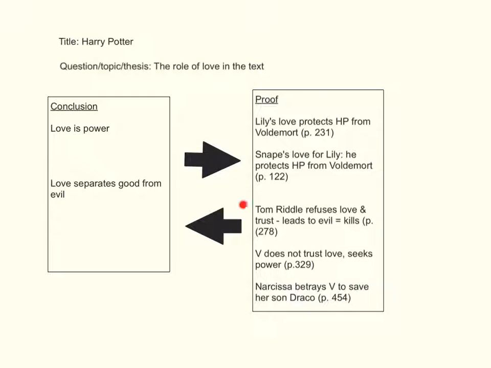You can collect all kinds of different examples of things you find interesting, and then come up with conclusions. Or you can come up with conclusions while reading, and then go back and start collecting examples and proof that your conclusions are correct. And I hope this has helped you understand how to make an analysis of a text or a film, and wish you good luck.